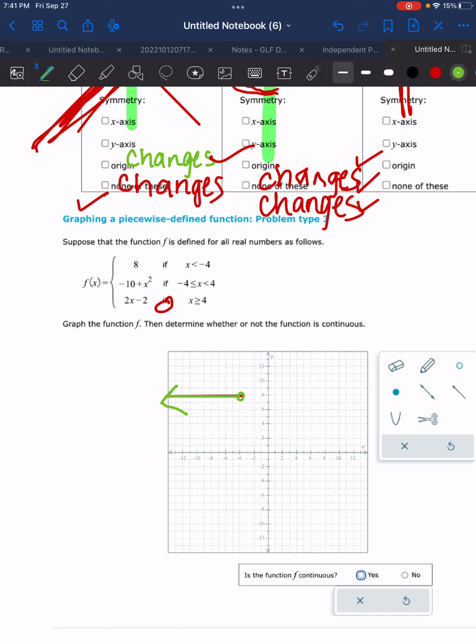Next, it says -10x plus x squared. Well, that x squared, I know that's going to be a parabola just by looking at my graph sheet.